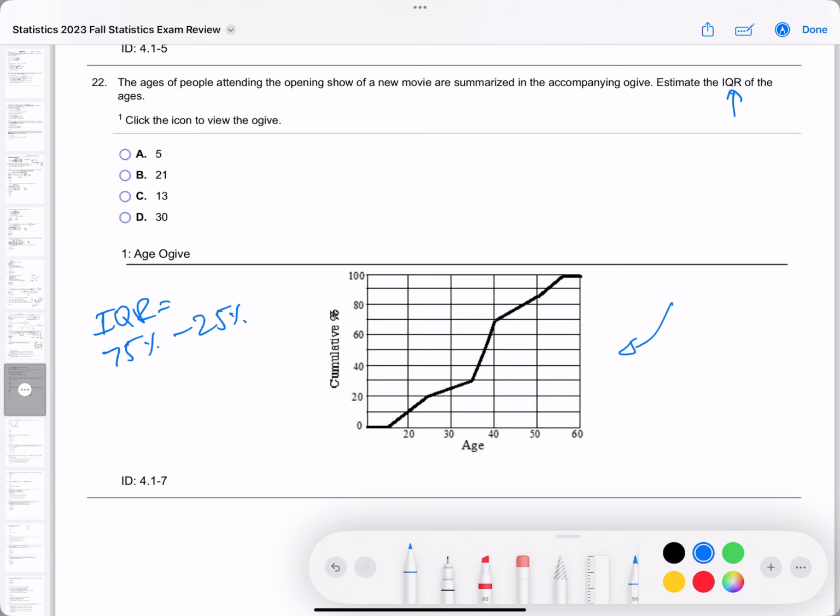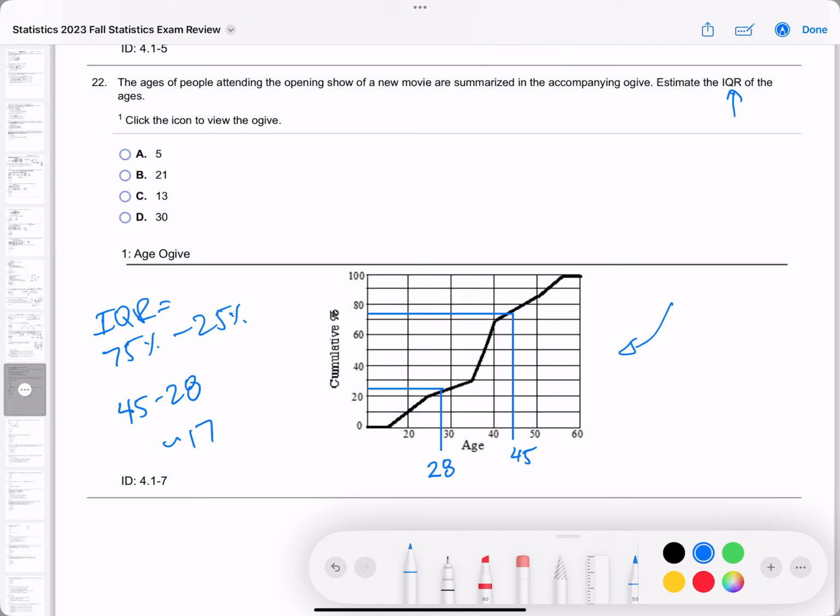So 75% is about here, and then you go down here and say that's 45. 25% is here, and I'm just going to estimate that's maybe like 28. So the IQR is 45 minus 28, which is about 17.